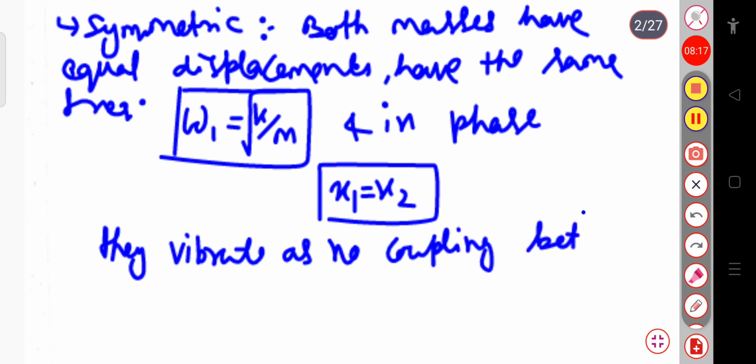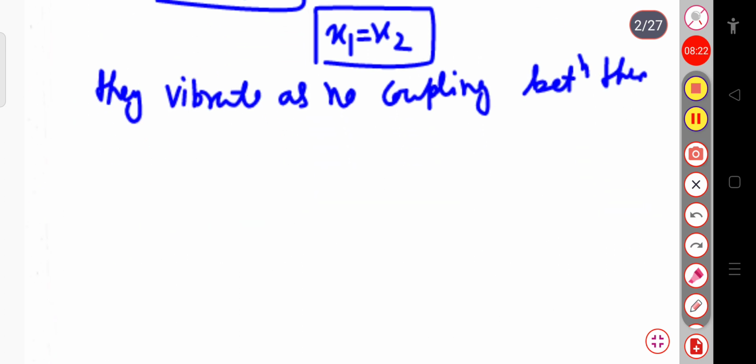And similarly, let me write for the anti-symmetric mode, these are your important points.